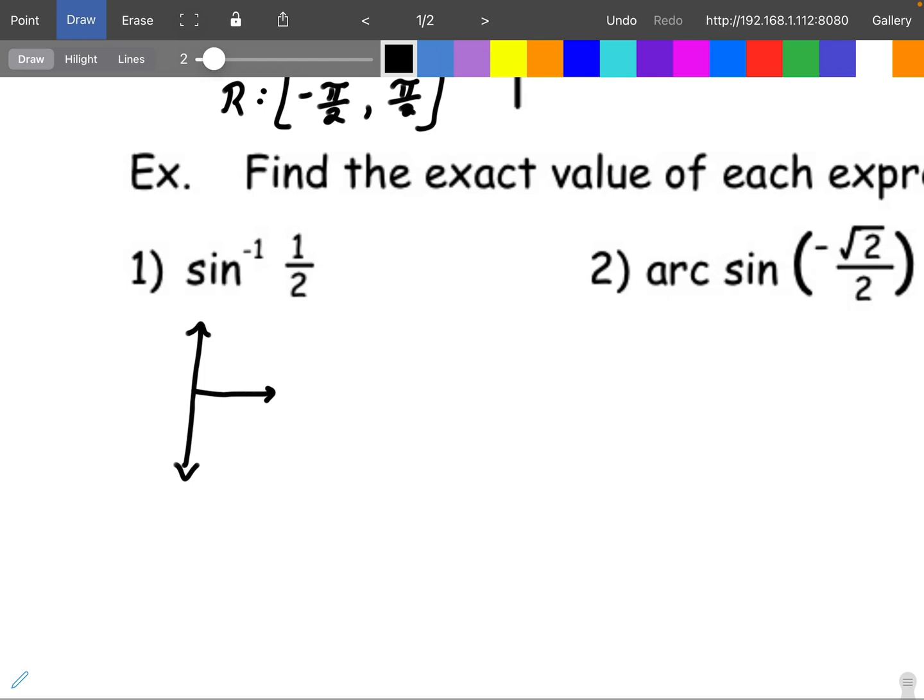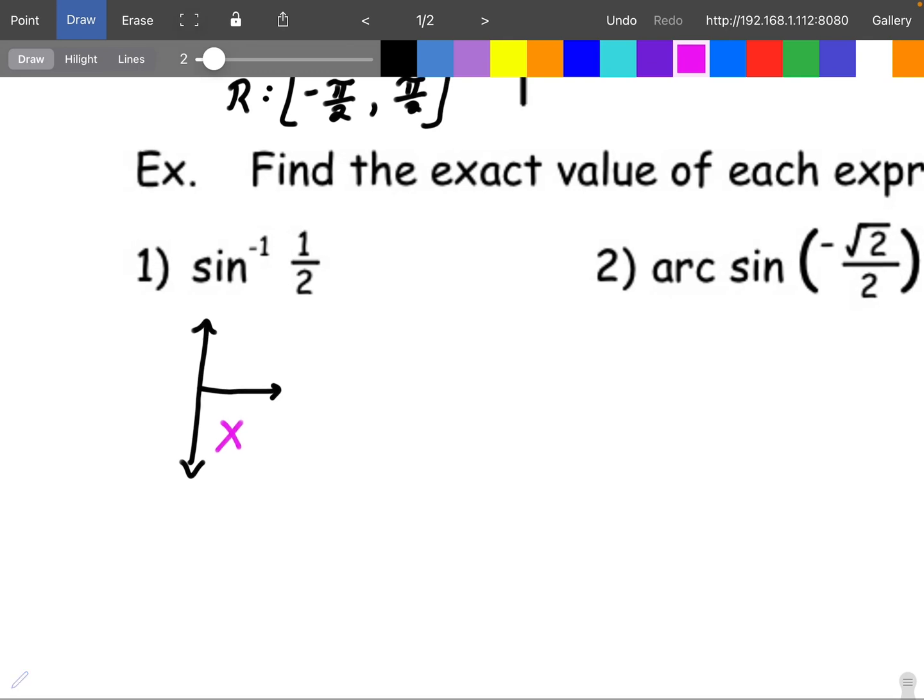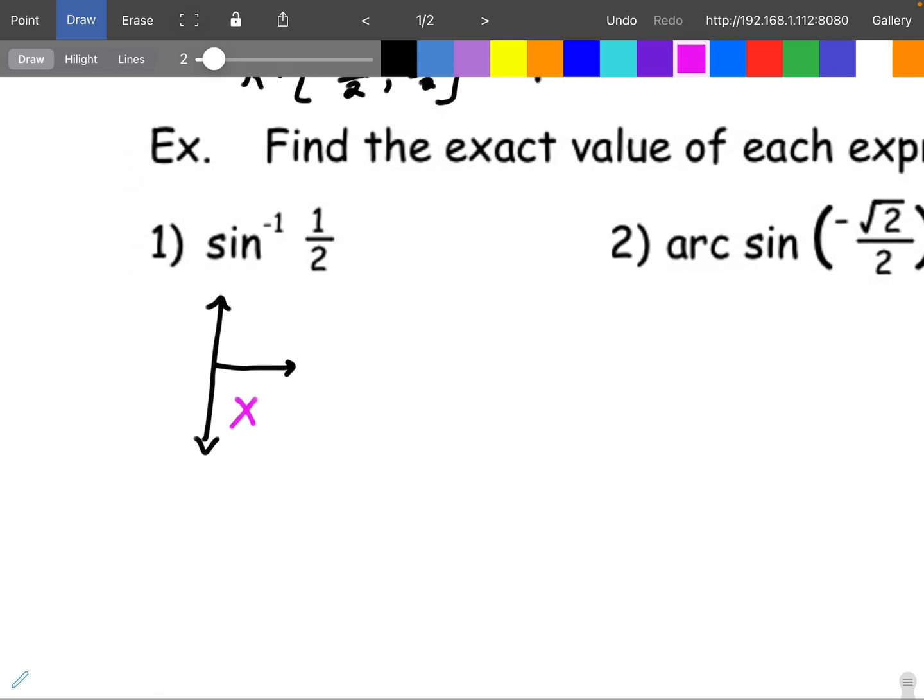So since inverse sine can only be in quadrants 1 and 4, then positive sine values would have to be in quadrant 1, because remember, in the unit circle, sine is y, cosine is x. So if sine is going to be positive, well, that would have to be in quadrant 1. So I know that it's in quadrant 1, not quadrant 4, because sine would be negative there.